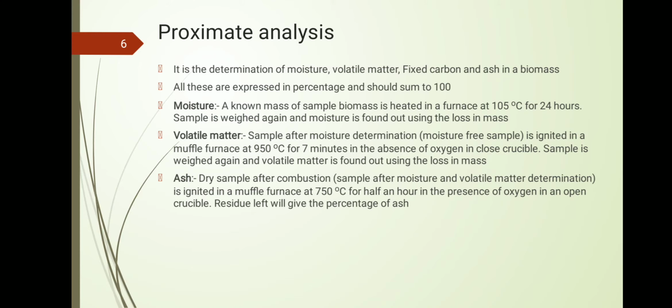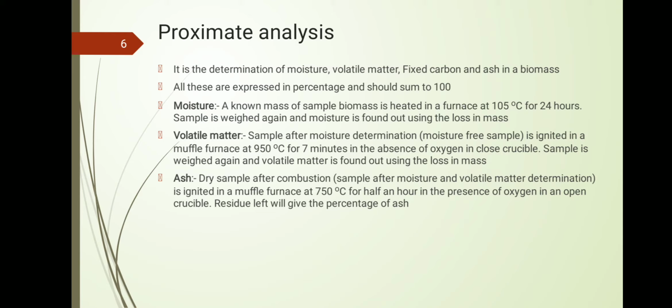Then ash. After these two tests, moisture and volatile matter, the dry sample will be ignited again in a muffle furnace, but this time in the presence of oxygen, at a temperature of 750 degrees Celsius, for half an hour in an open crucible.